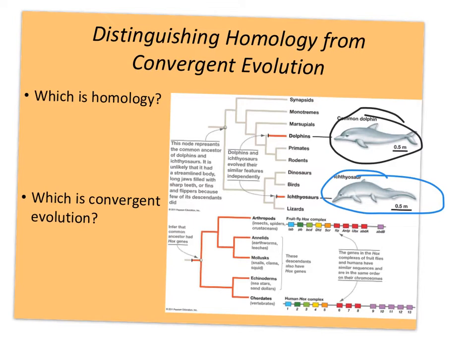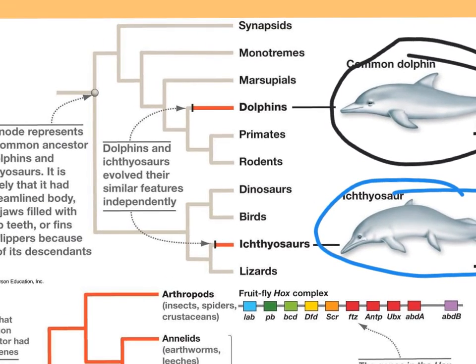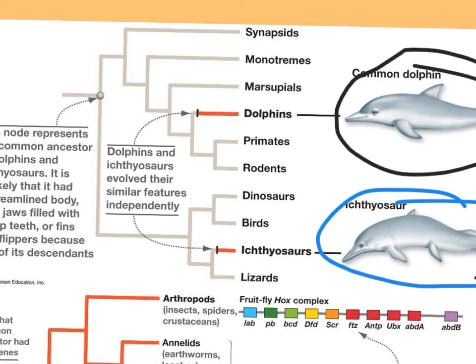Now, it turns out if we actually look at the phylogenetic tree for this group, we see that this is the ancestor of all the mammals, including, these are synapsid reptiles that show mammal-like characteristics, and then the three major groups of mammals: marsupials, monotremes, and placentals. Okay? Now this is the common ancestor for both groups.